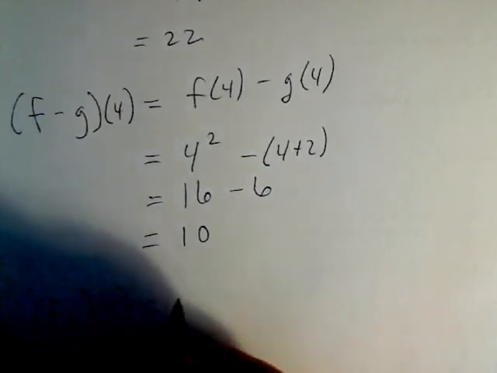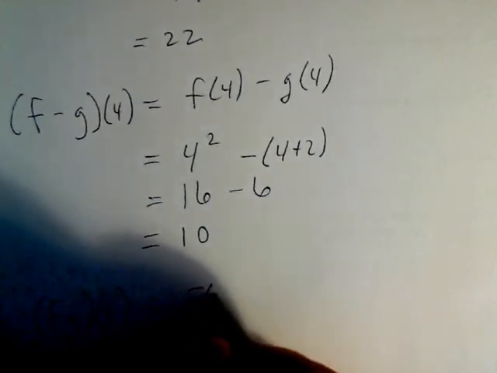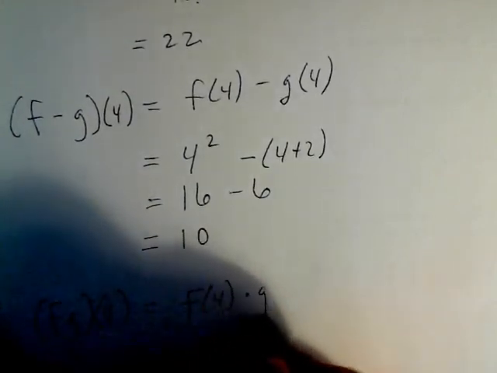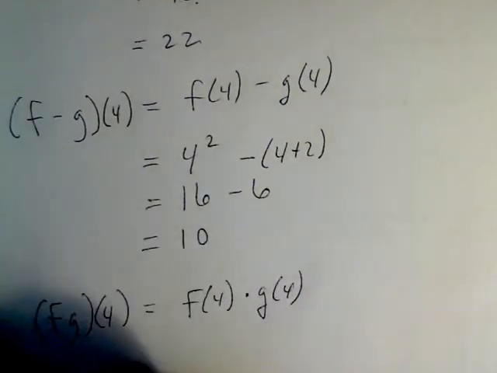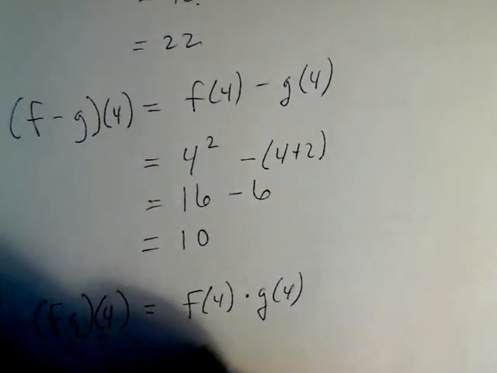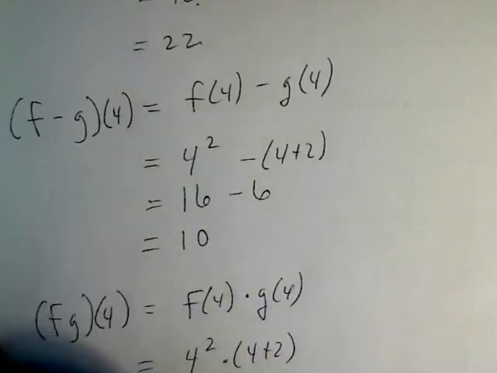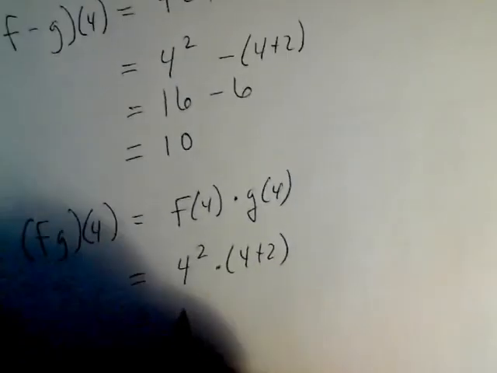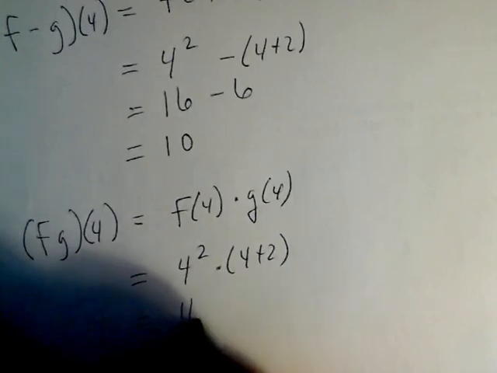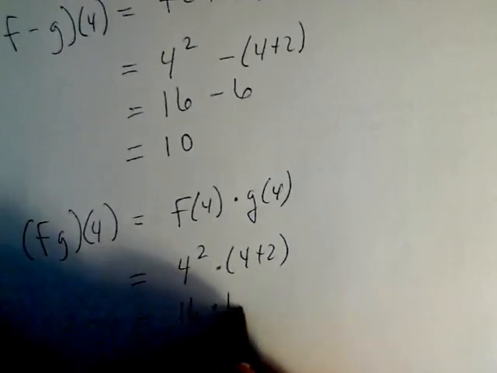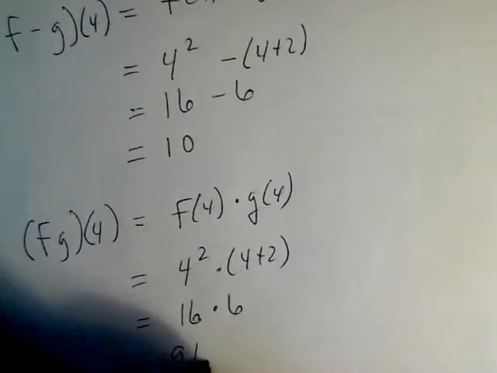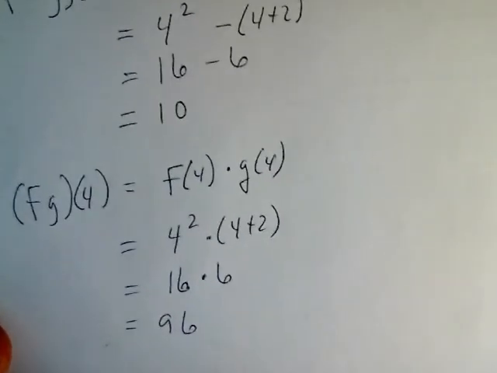So f times g of 4 means I'm going to take f of 4 times g of 4. Well, I know this is 4 squared times 4 plus 2. So this is 16 times 6, which is 96.